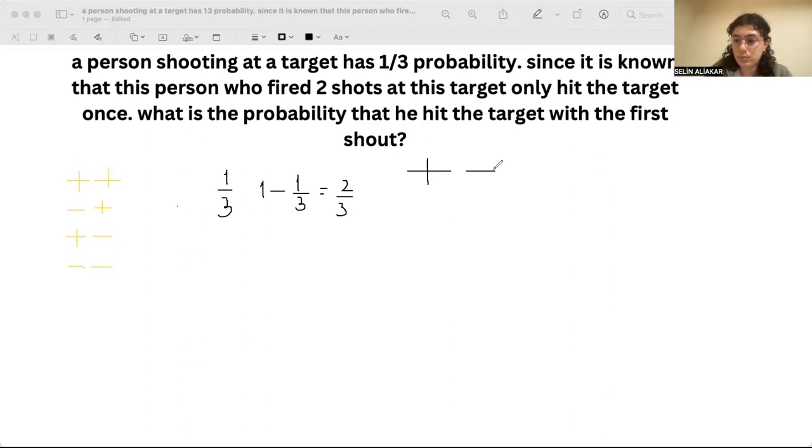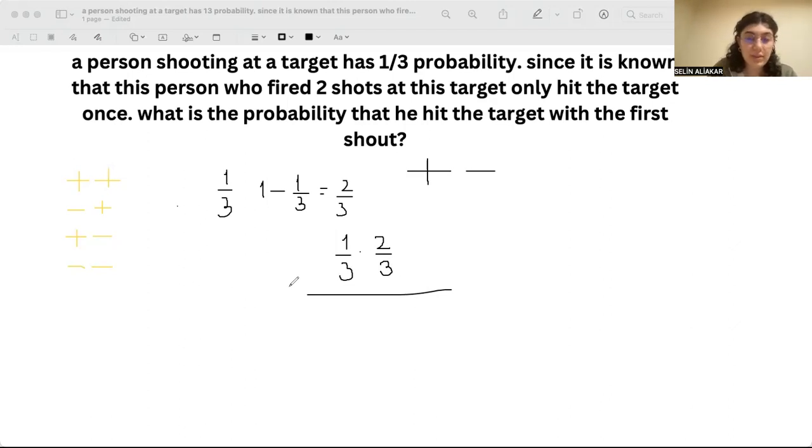So the expected value should be 1/3 multiplied by 2/3. Then we have to divide it by all possibilities' value. Now we can find it because there's a condition here. We can't write 4 here. So let's find it.